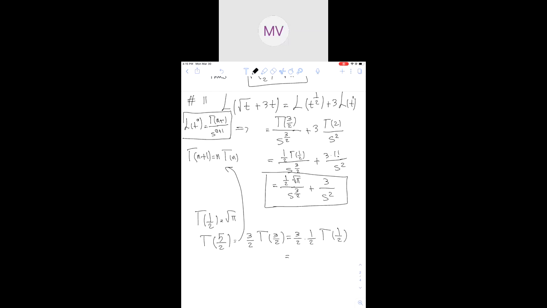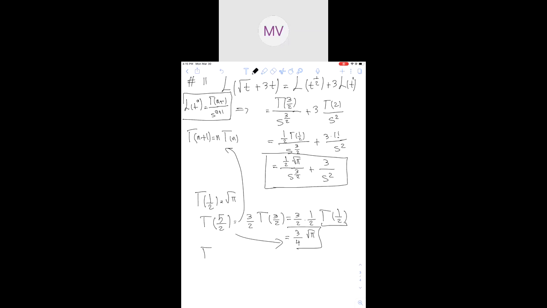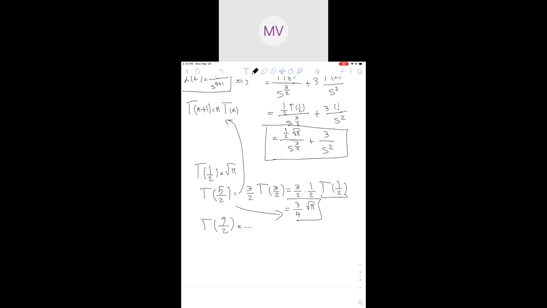You repeat this until you get to the piece we already know what gamma is, okay? So that's 3/4 and then root pi. That's gamma of 5 over 2. You can do the same thing, maybe 4 times, to find gamma, for example, of 9 over 2. Same process, okay? All right. Any question on that?